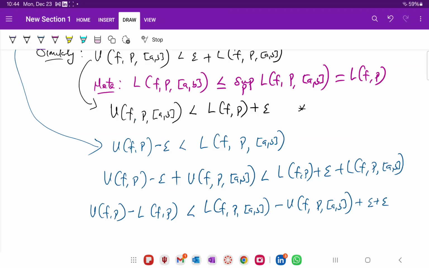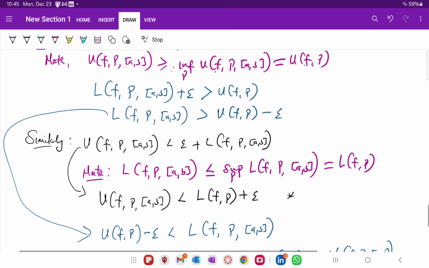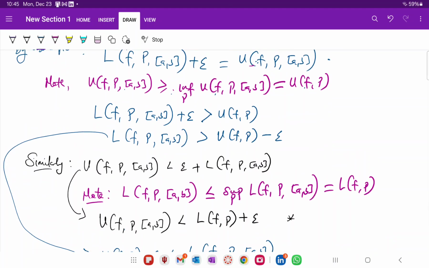So let's see. That should not be true. Something must be wrong somewhere. So let's try to cross-check. It's wrong.